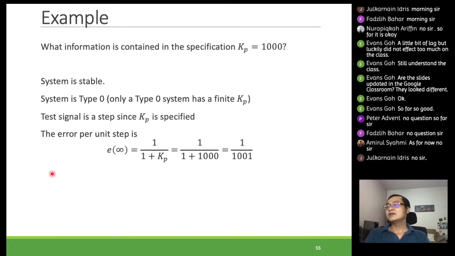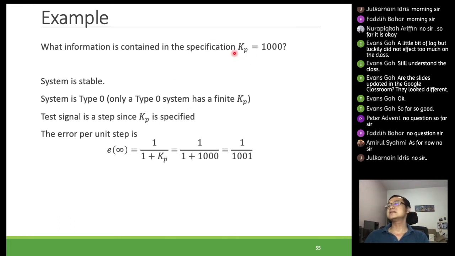Based on that, what if Kp equals 1000? You can do the same thing again. You put in Kp and interpret, so you know the system is stable. This is Kp, so it's related to type 0.